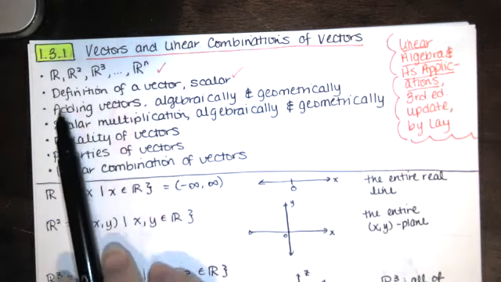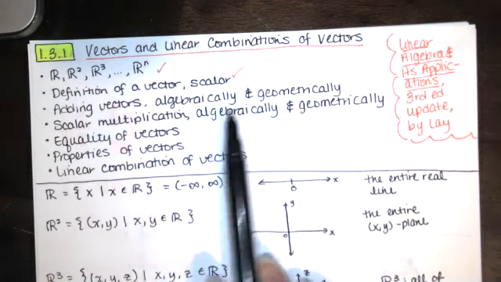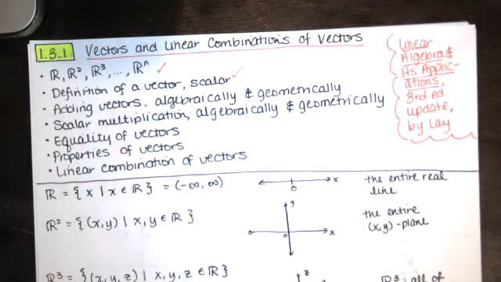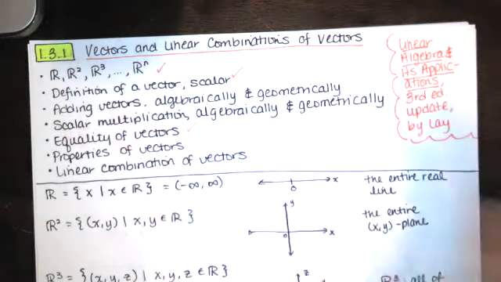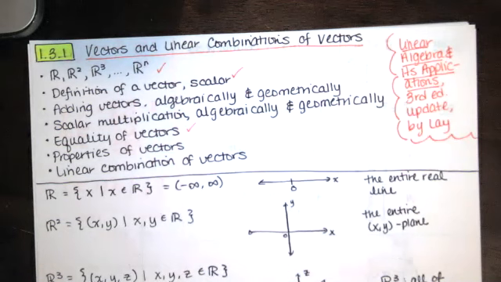Okay, so now we're going to talk about adding vectors, both algebraically and geometrically, and scalar multiplication algebraically and geometrically. We've already talked about the equality of vectors. Then we'll list some properties. They're pretty much exactly what you would expect. Associativity, commutativity, distributivity.